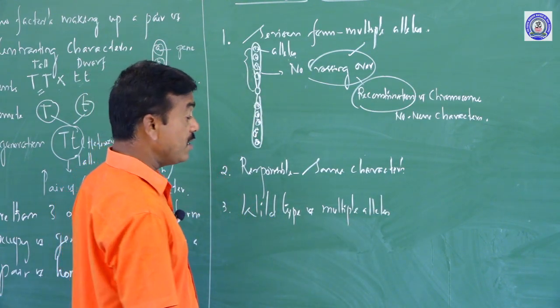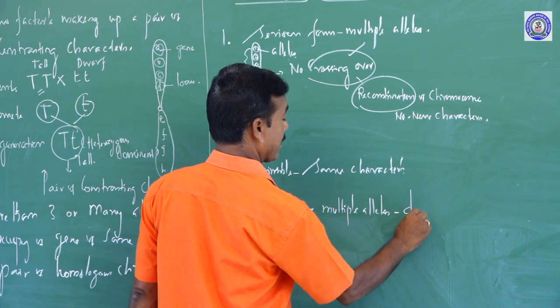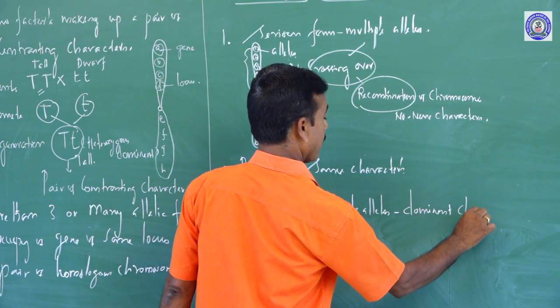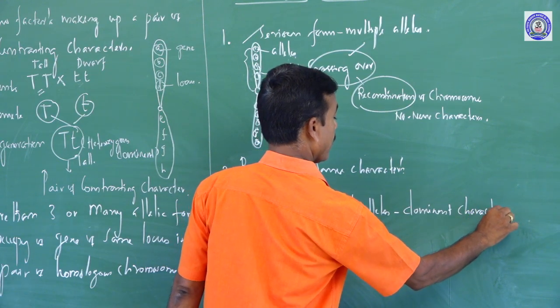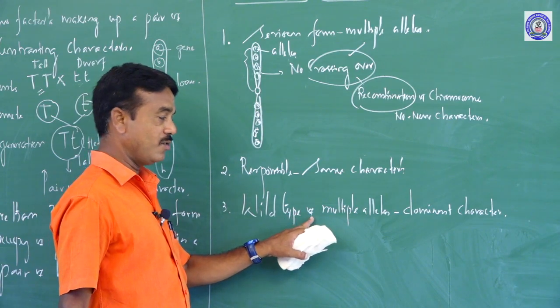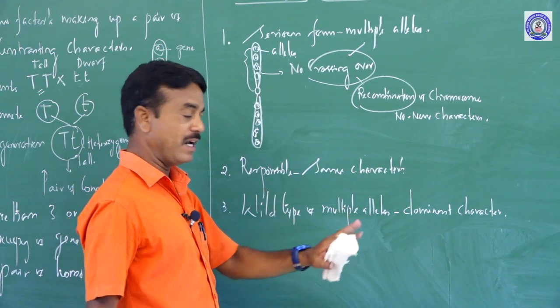It always exhibits the dominant character. What is that? Wild type of multiple alleles always exhibits the dominant character.